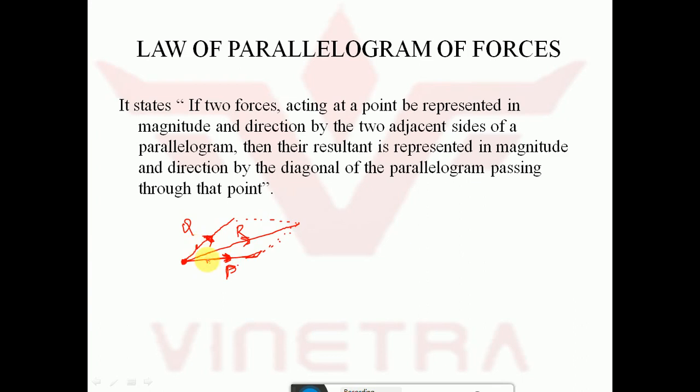These two are the adjacent sides of a parallelogram. Then the resultant is represented in magnitude and direction by the diagonal. So we are drawing here a diagonal of the parallelogram passing through the point. This diagonal should pass through this point. Then it is called a resultant.